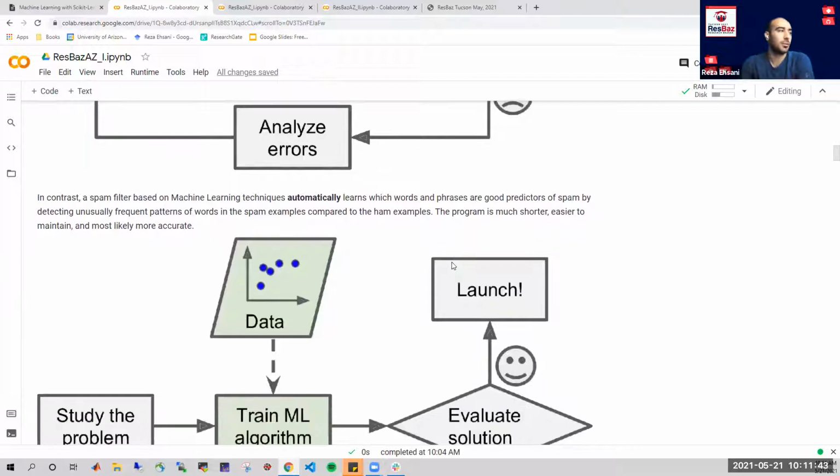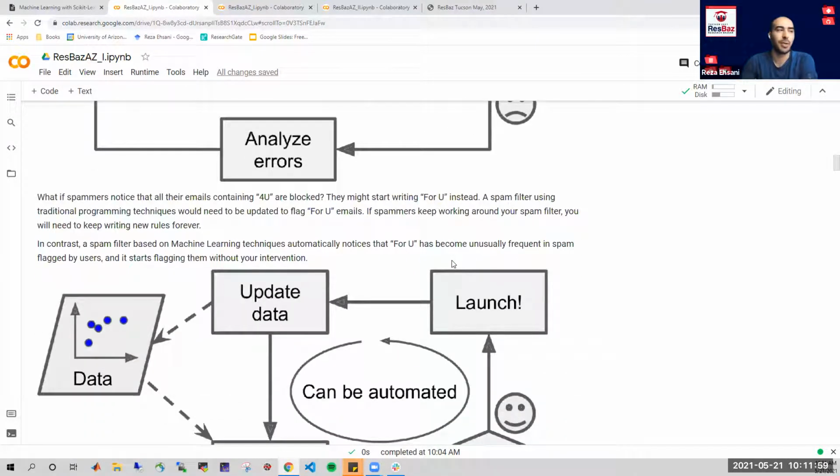On the other side, when you are using machine learning, the technique can automatically learn from words and phrases that appear in the emails to classify an email as spam or ham. Just consider the case where the spammers learn what you have banned and flagged as spam, and they start changing, for example, "for you" to "4 U."